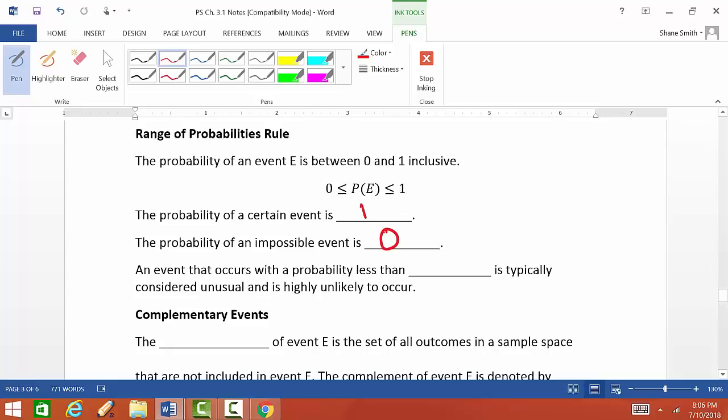For example, let me ask you, think of something that actually has a probability of 0. What has a probability of 0? It has to be absolutely impossible.